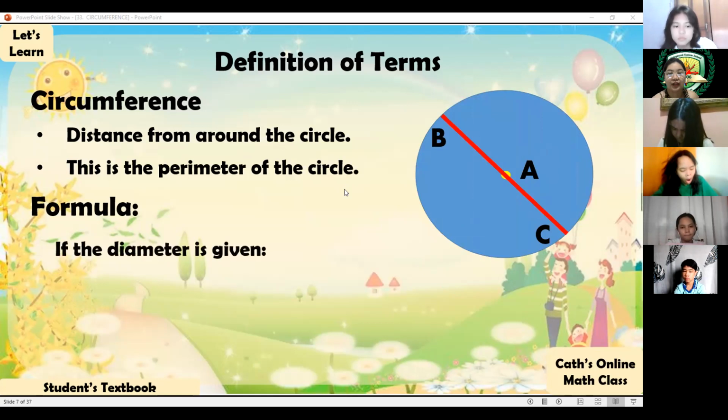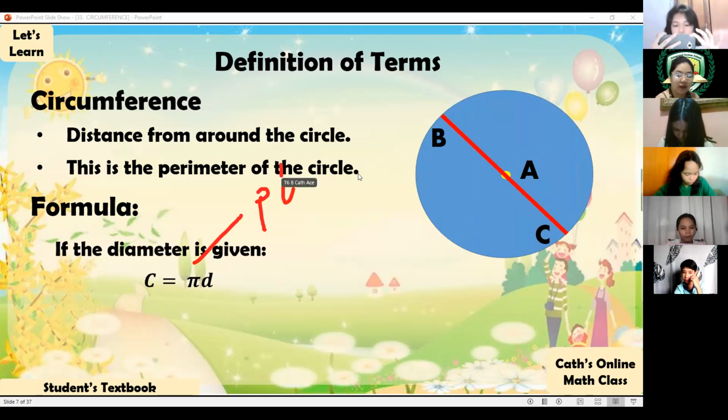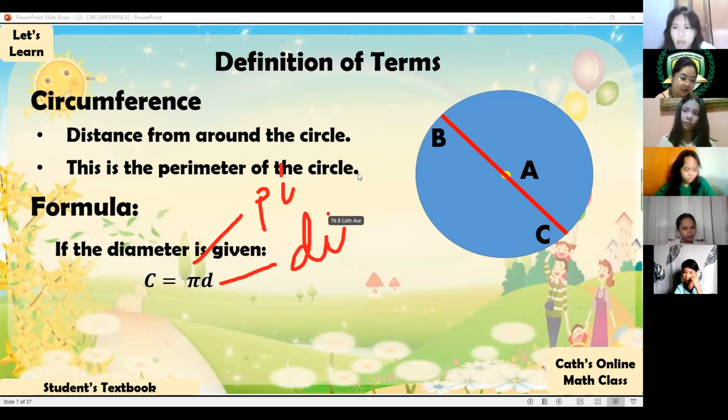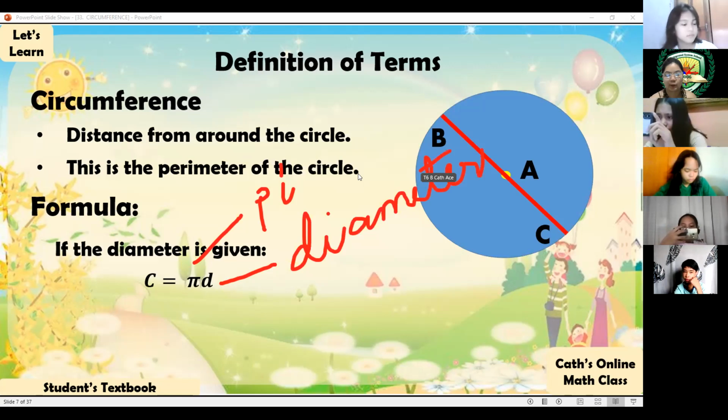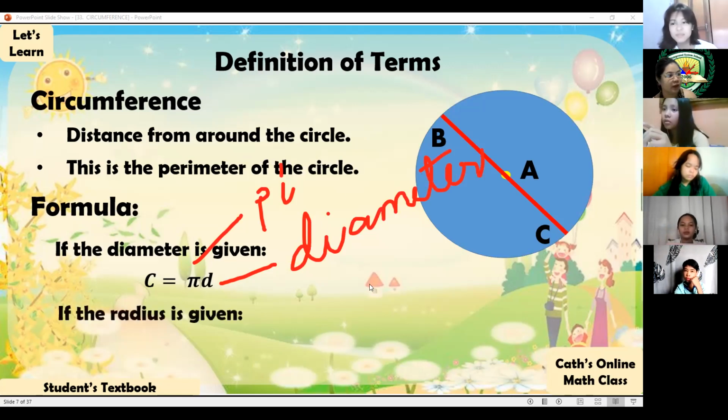If the diameter is given, our formula will be pi d. This one is pi. This one is diameter. Ma'am, do we memorize pi? Yes. It is very long, though.